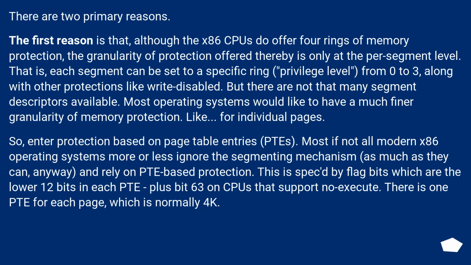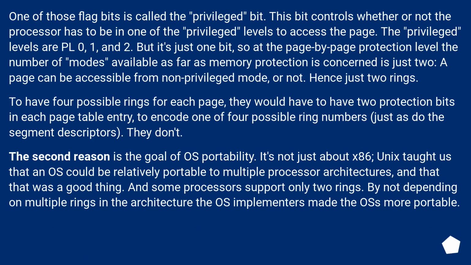There is one for each page, which is normally 4K. One of those flag bits is called the privileged bit. This bit controls whether or not the processor has to be in one of the privileged levels to access the page. The privileged levels are PL0, 1, and 2.